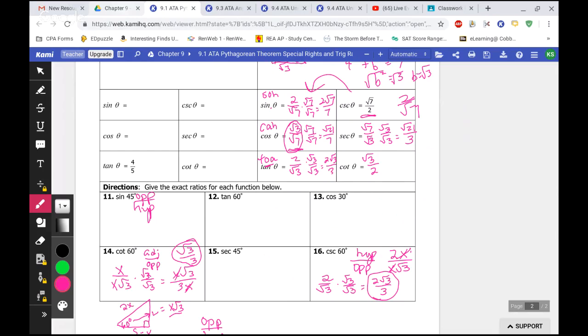If you're referring to numbers 20 through 28 on the quiz, I am. Yes, ma'am. We were able to do it on homework 1 because we identified those angles on the 45, 45, 90.